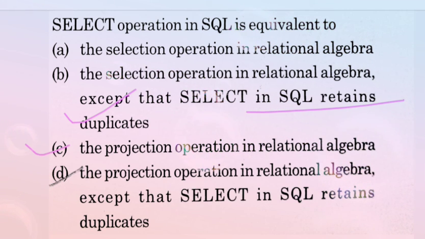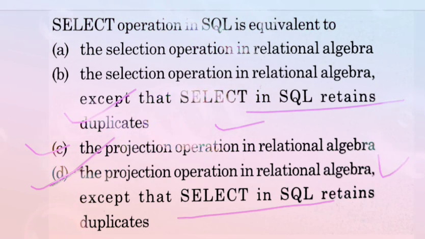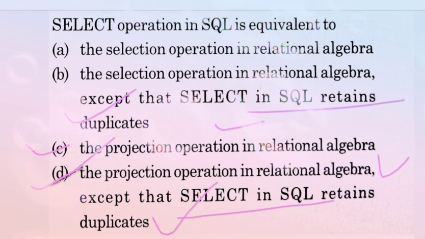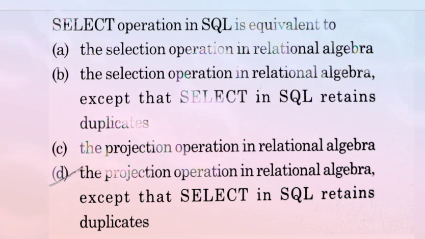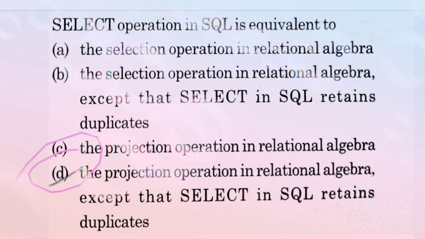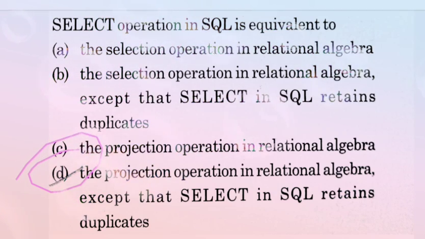Option C: the projection operation in relational algebra. Option D: the projection operation in relational algebra, except that select in SQL retains duplicates. So we easily say option D is the correct answer. Now come to the next.